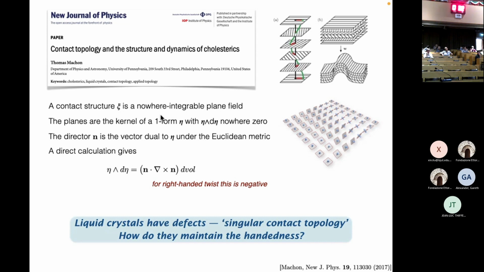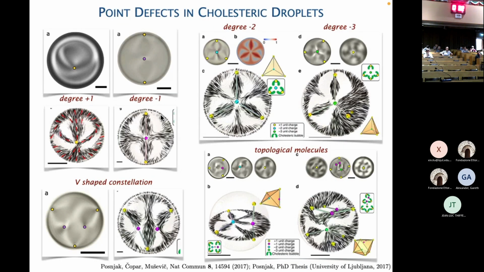And I'll give you two examples of this. So the first example is for point defects. This is a tremendously complicated slide if you've never seen it before, so let me try and simplify it as follows. There are a collection of experimental images where people really concretely make realizations of these chiral materials with defects in them.